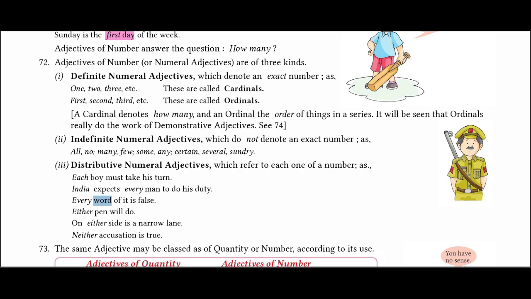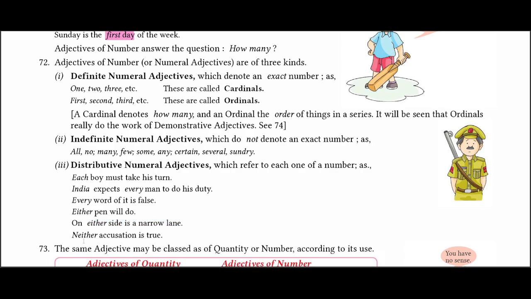Similarly, either pen will do. Pen appears to be in singular number, but it is not one pen. Either refers to two pens. So either is getting distributed. On either side is a narrow lane.